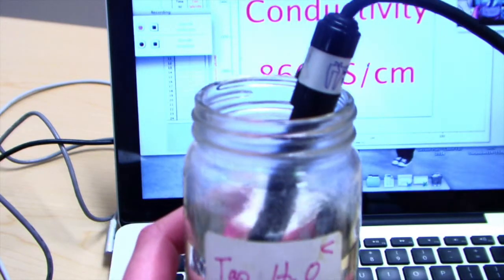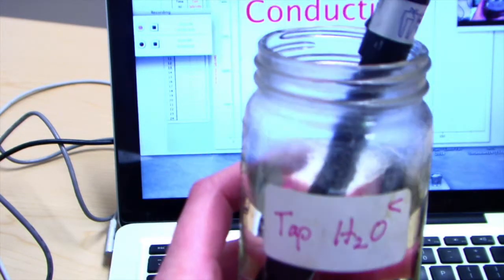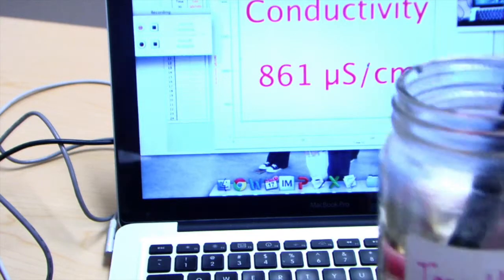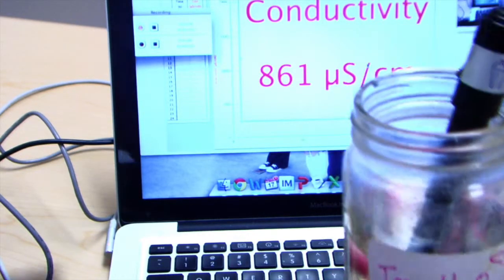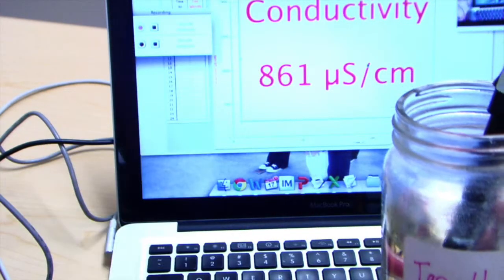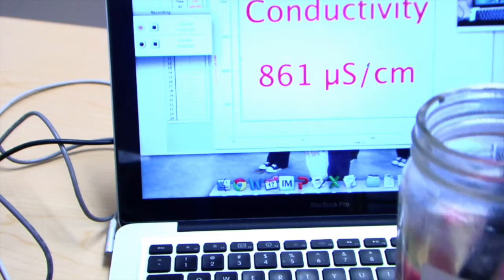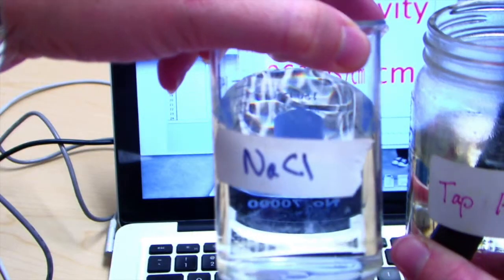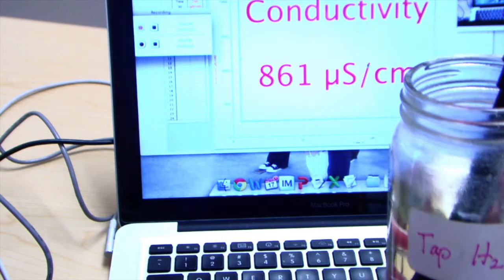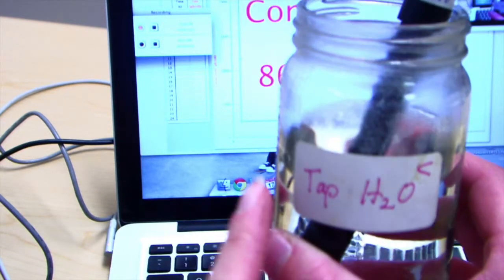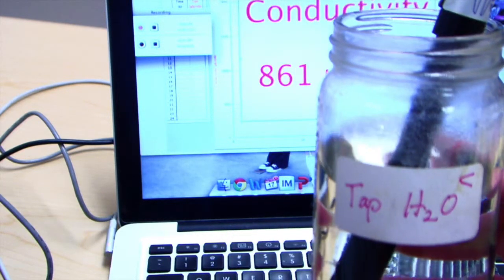And the answer is simply that this is not just water. It is more similar to this solution or the NaCl solution than to the deionized water, because this has particles floating in it.